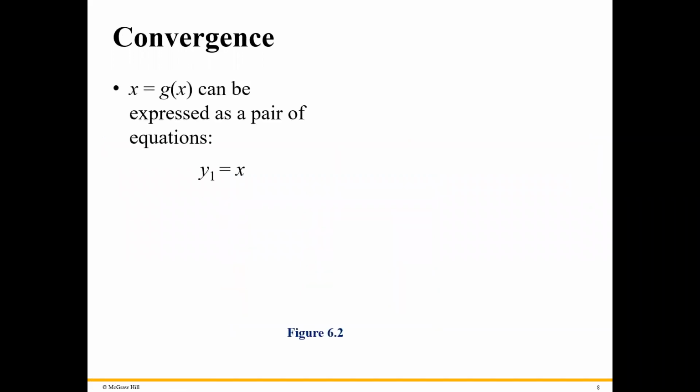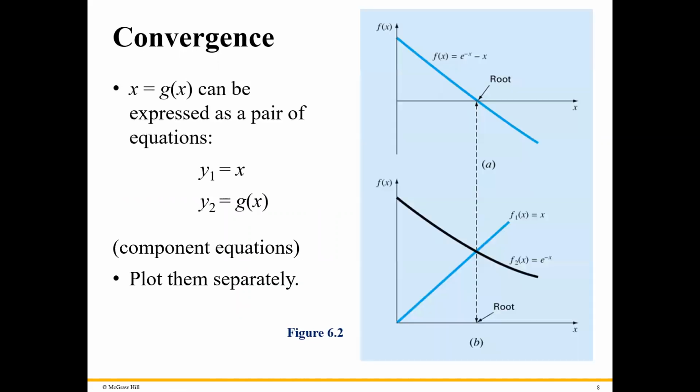The plot is shown here in this figure. Figure A shows the plot of e power minus x minus x, that means for the total function. But for the parts of this function, the blue line is for y1 that is equal to x, and the other part is y2, which is e power minus x.